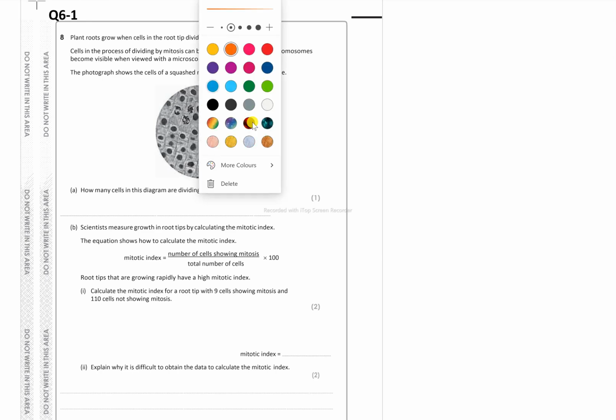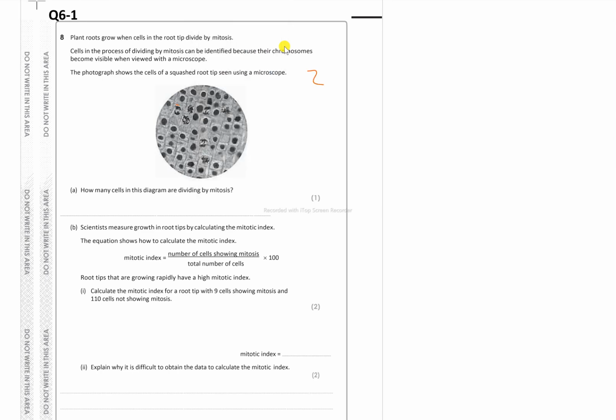This is a difficult one. So can you see, you can see 1, 2, 3, 4, 5, 6. I can see 7 cells that are dividing by mitosis.